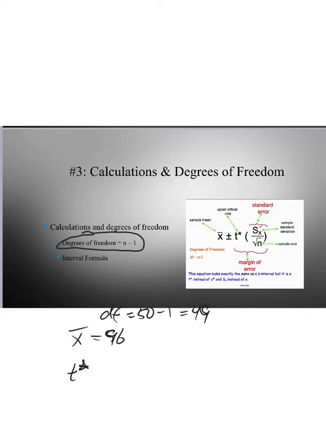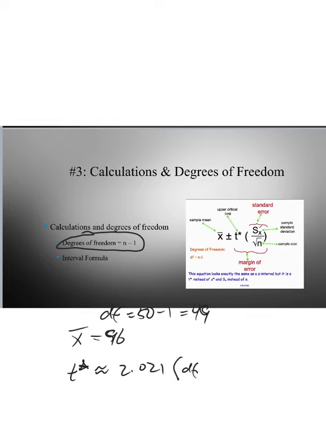What 40 degrees of freedom at 95% would be is 2.021, and what that really means is our interval is going to go 2.021 standard deviations in either direction.